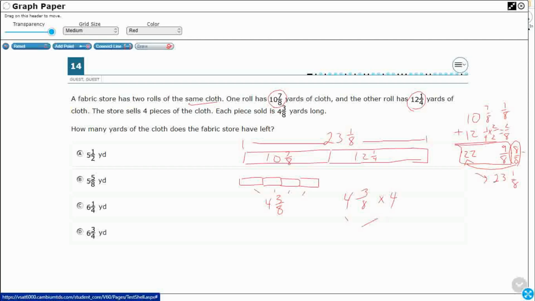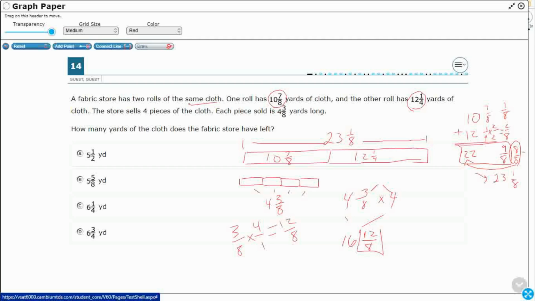So 4 times 4 is 16. And then 3/8 times 4. You can make it 4 over 1. That's going to be 12/8. So 16 and 12/8. We need to do the same thing here.